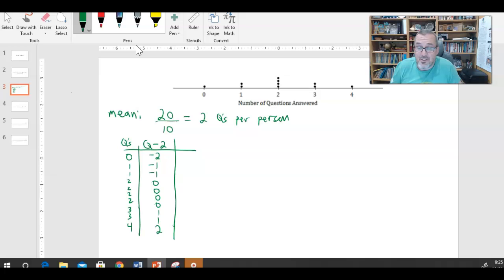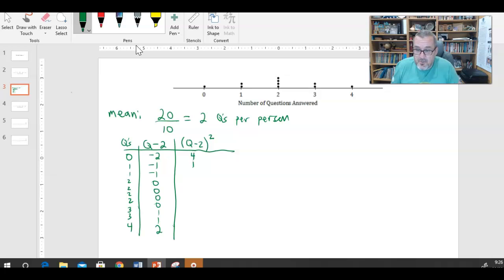So that's not helpful. That doesn't tell us anything useful to say that the difference from the mean gives an average of 0. So what we've done, not in the MAD, that's a different thing, but in the standard deviation, we take that difference and we square it. So negative 2 squared: negative 2 times negative 2 is positive 4.